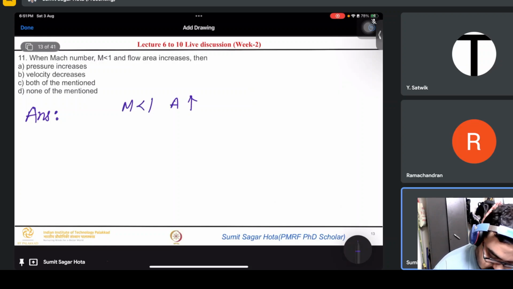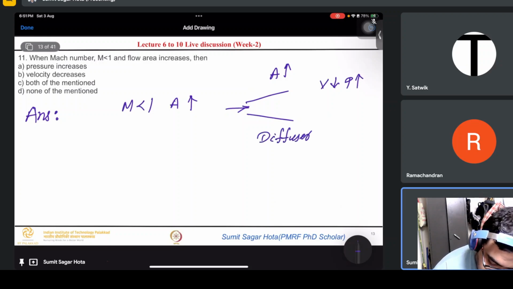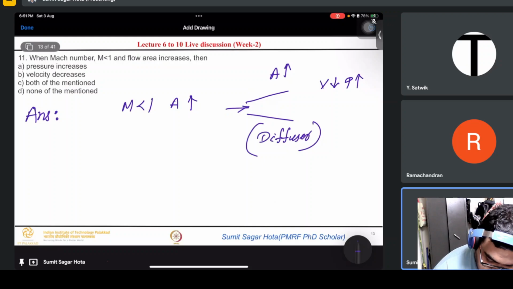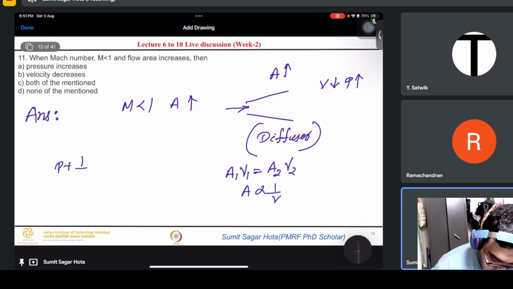So now obviously this is a diffuser. Similarly, if the area increases, the velocity will decrease and pressure will increase. So this is a diffuser, and the earlier one is a nozzle. Because you know very well A1 V1 is equal to A2 V2, and A is inversely proportional to the velocity, and the same formula, 1 by 2 rho.